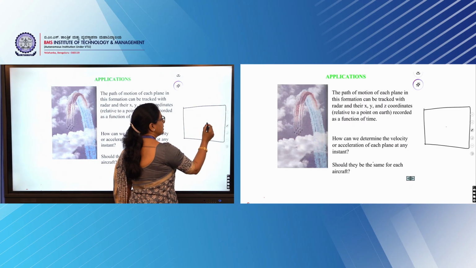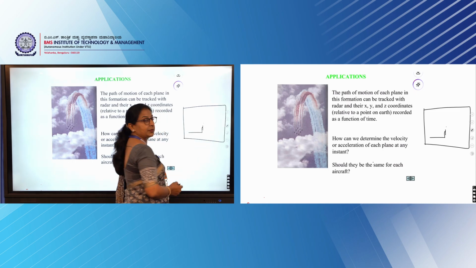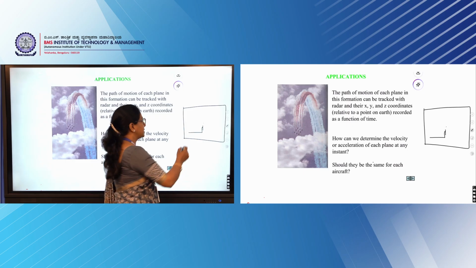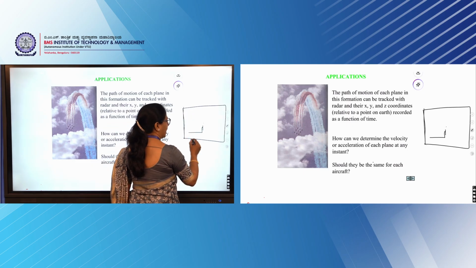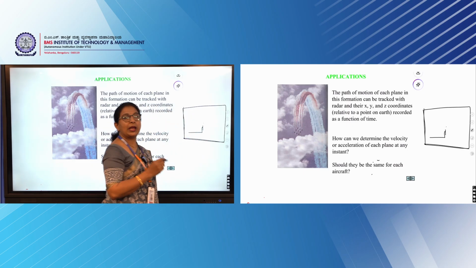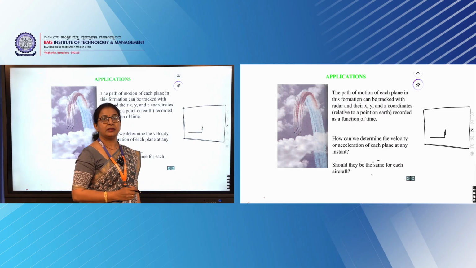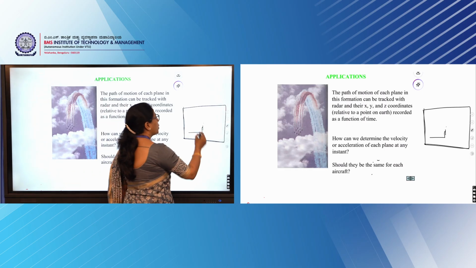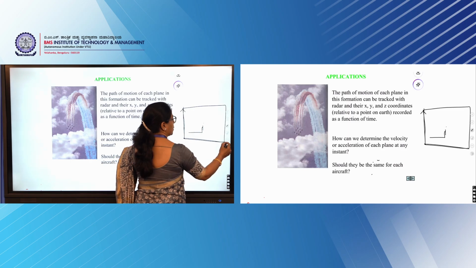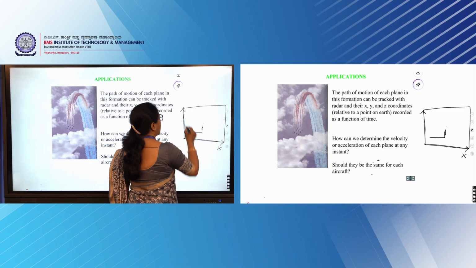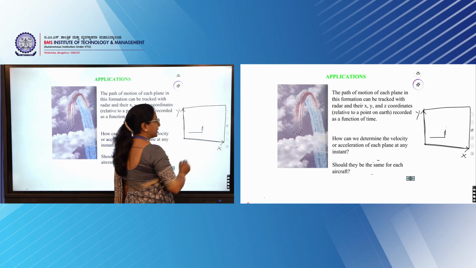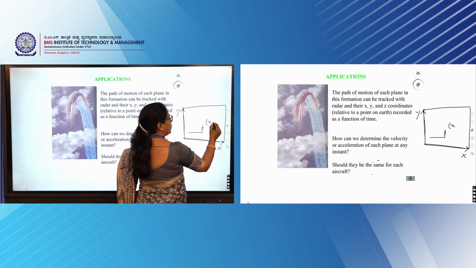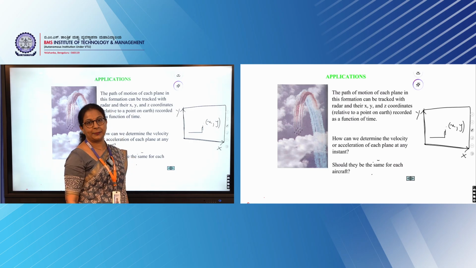For that I have two lines perpendicular to each other, which form a coordinate system called the x-axis and y-axis, and that is the reason we write the point as coordinates x comma y.